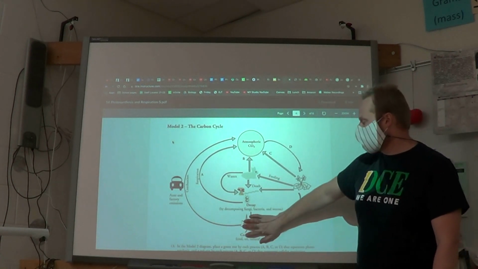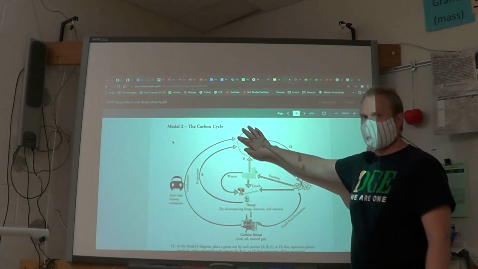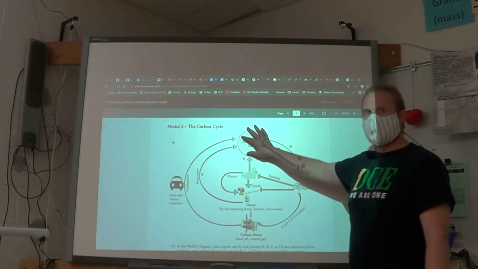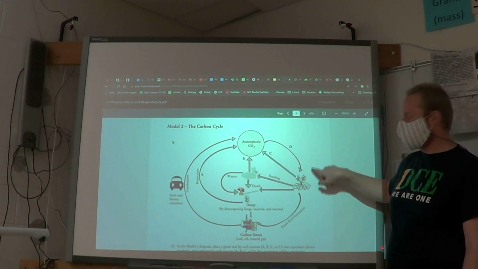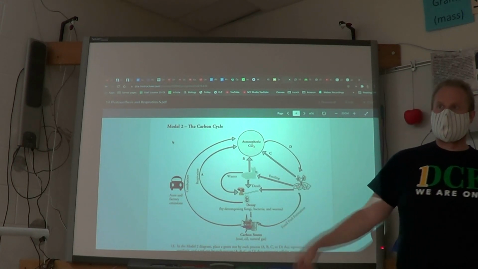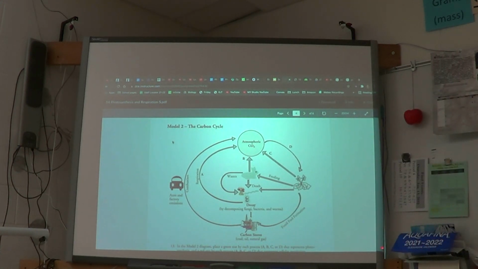But what happened in the Industrial Revolution is we started doing a lot more of this. And as we did more of this, we also started probably cutting down more plants. Why are there fewer plants? Because I'm going to make a housing development where once was a forest. I'm going to cut down the rainforest because I'm going to raise cattle on that spot of land.